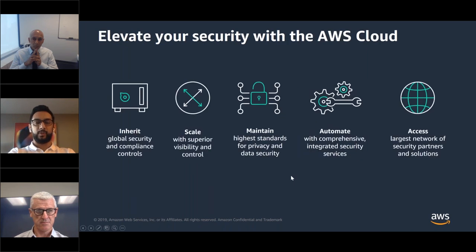So how then can you elevate your security posture with AWS? Security at AWS is our top priority. That is why we listen closely to our customers to offer both a secure cloud computing environment and innovative security services that satisfy the security and compliance needs of the most risk-sensitive organizations.